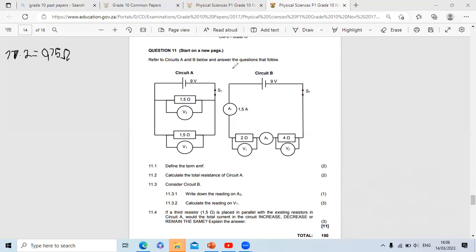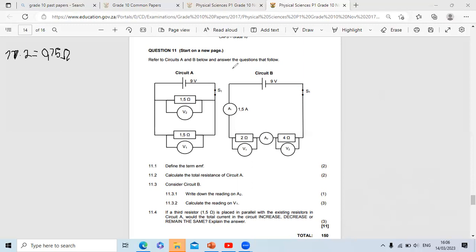Is it still 1.5? Exactly. Exactly. Simple.